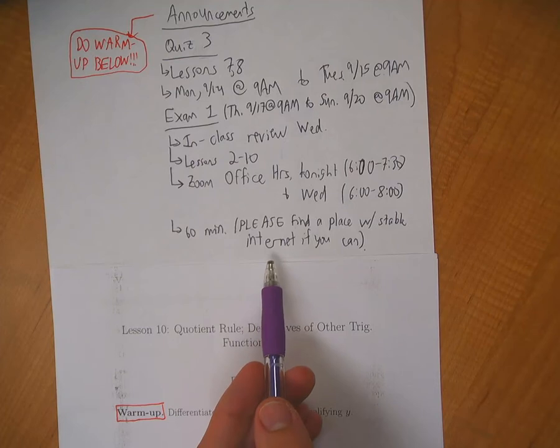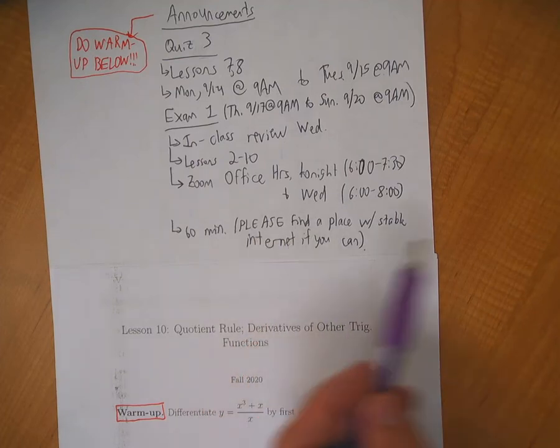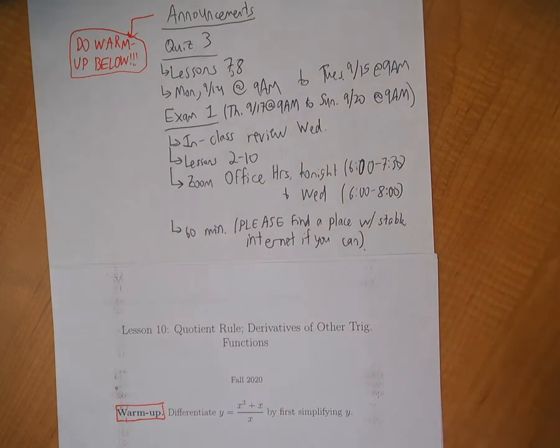One thing I strongly urge you to do is please find a place with stable internet if you can, to help you take the exam in a smooth manner. I don't want the situation where the internet crashes in the middle of the exam. Just find a stable place and work from that. Any questions on any of that?